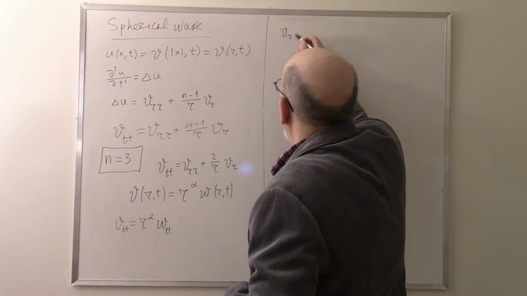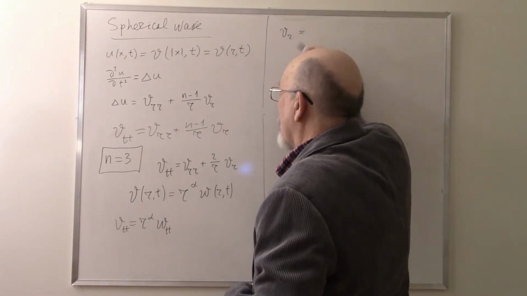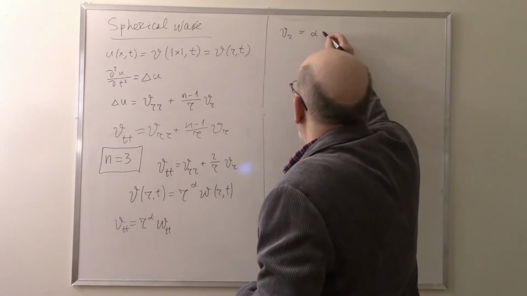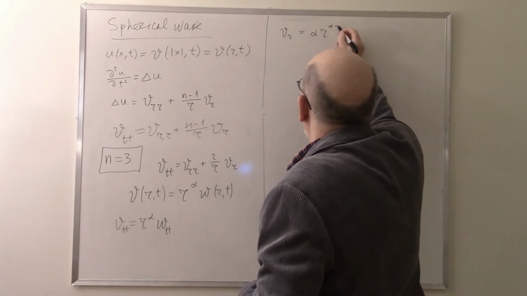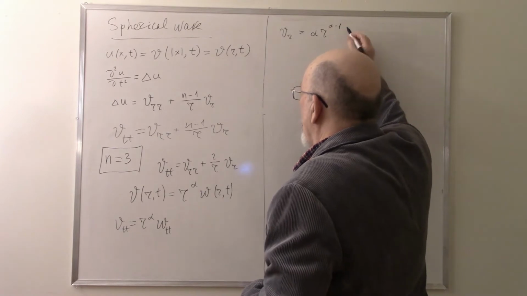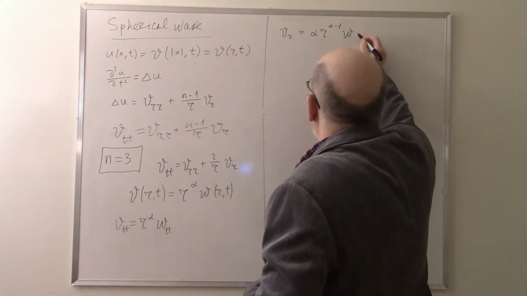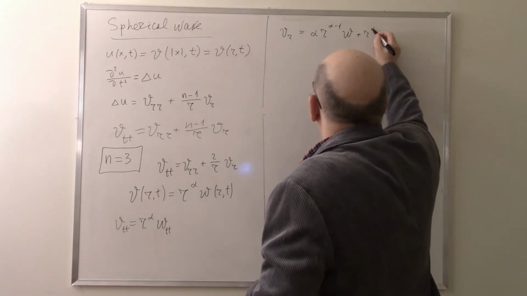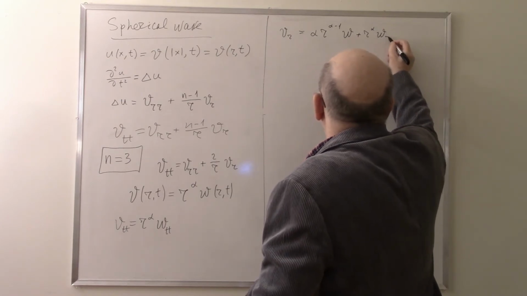V r equals alpha minus 1 W plus R alpha WR.